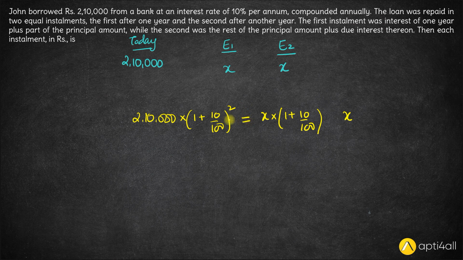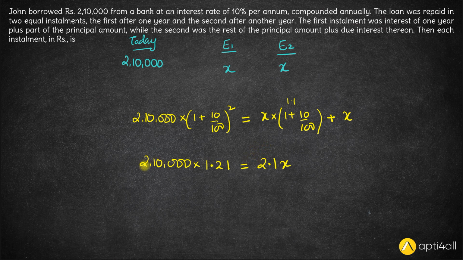So the total amount borrowed is equal to the total amount paid back. This comes out to be 2,10,000 into 1.1 whole square, which is 1.21, is equal to 1.1X plus X, which is 2.1X.